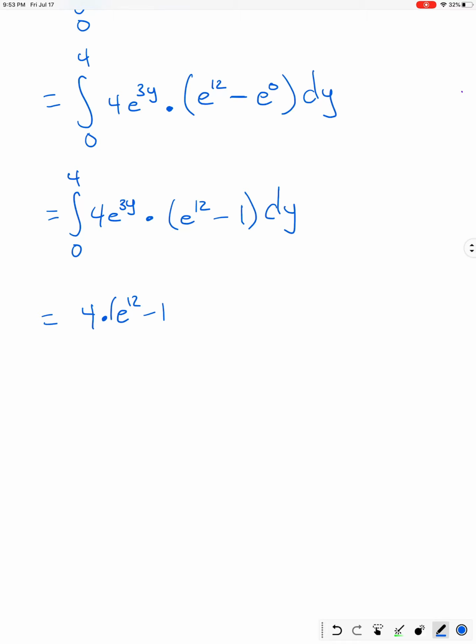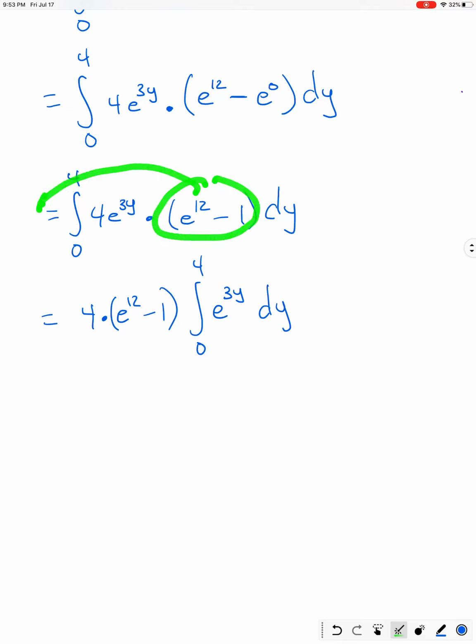So I have 4 times e to the 12th minus 1, and then the integral from 0 to 4 of e to the 3y dy.